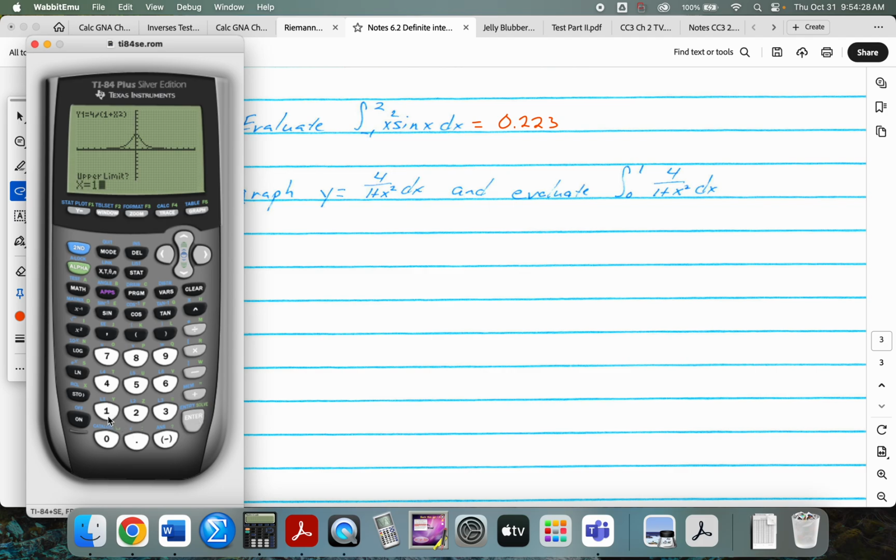The upper limit, that's 1. And one of the nice things is it goes ahead and colors that in for you to remind you, oh yeah, that's the area underneath that curve. And it's 3.14159. Huh. That area is pi.